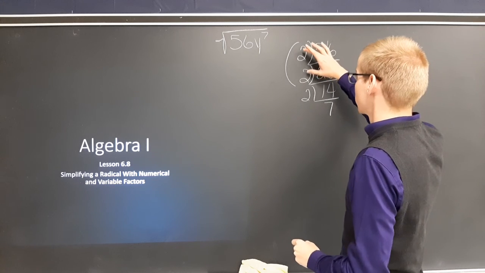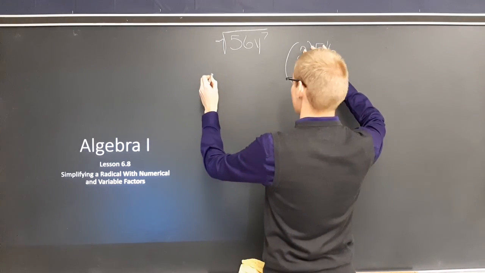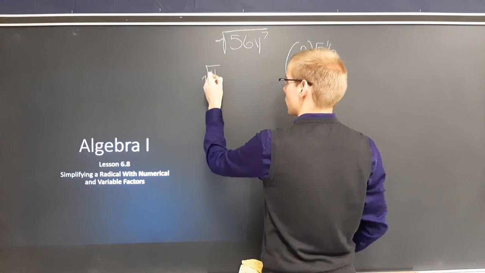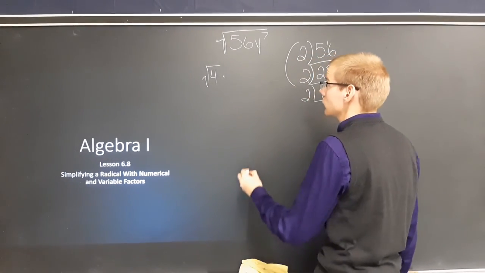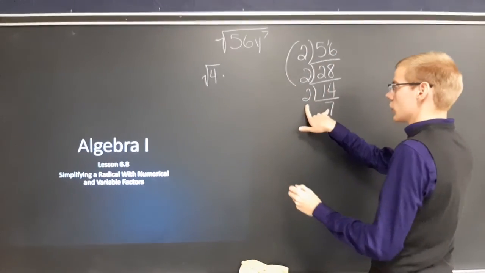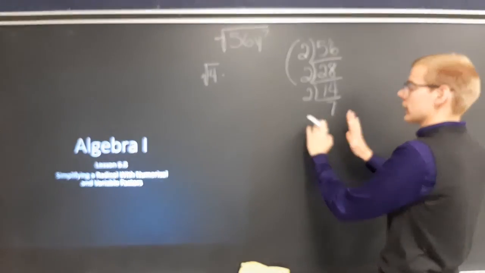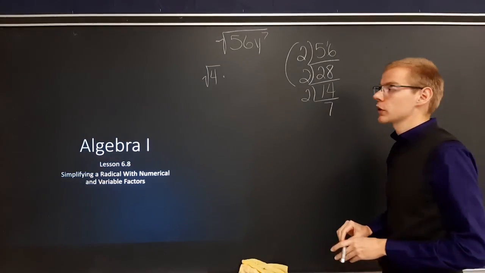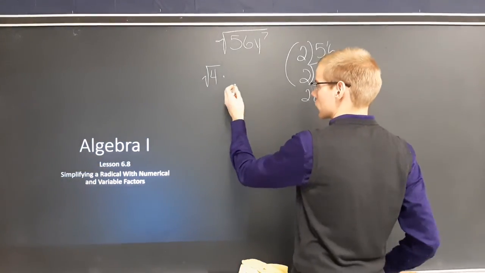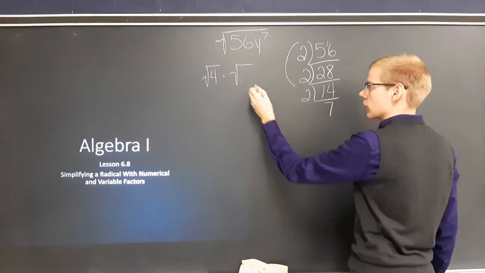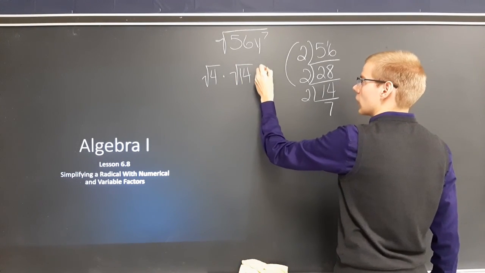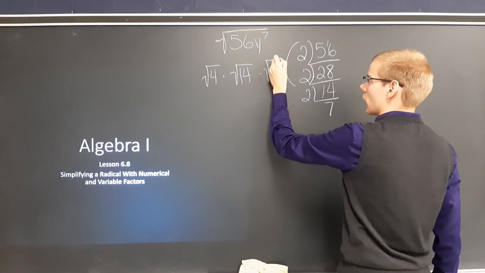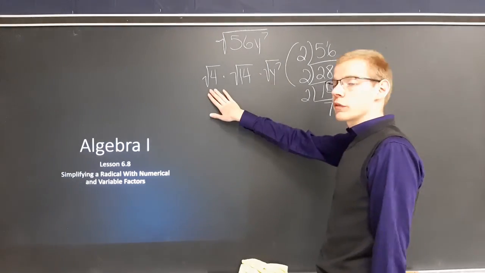So we would do 2 times 2 is 4. This would still stay under there. And then multiply the leftovers, and put them under a square root sign as well, a radical symbol. So 2 times 7 is 14, and then y to the power of 7. Can you simplify this?